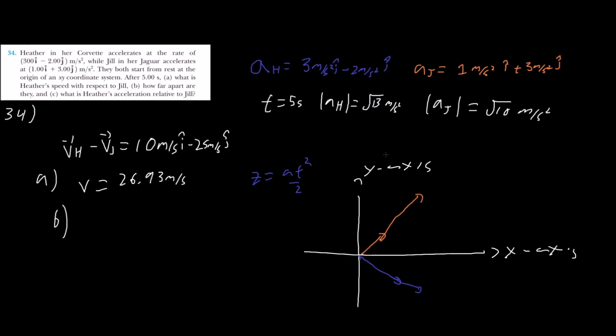I'm going to find Heather first: root 13 multiplied by 5 squared divided by 2. That's the position, or length, for Heather. I'm just going to worry about the magnitude.